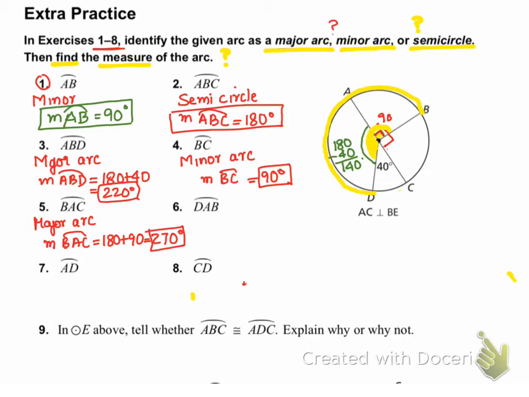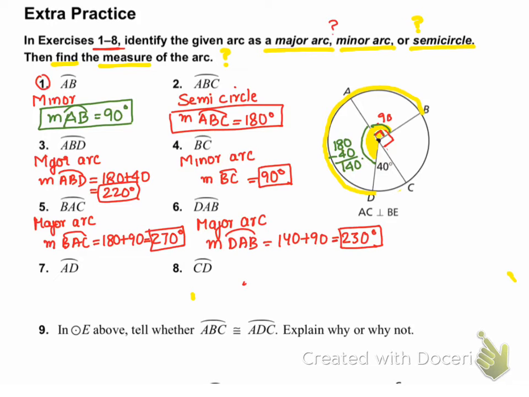So this is 140 and this is 90. By the arc addition postulate, this arc is a major arc. The measure of arc DAB is 140 plus 90, and that's going to be 230 degrees.